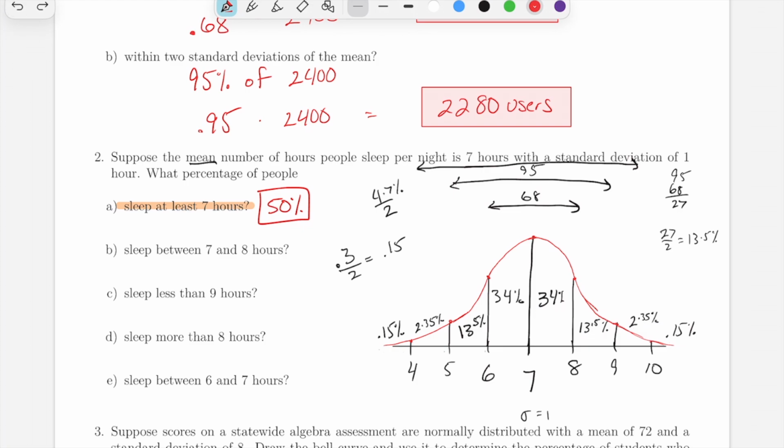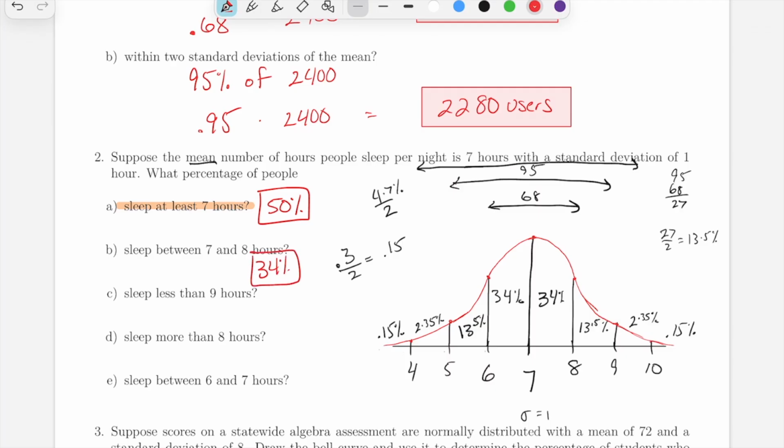I'm just not going to take the time to do it because I know it's right in the middle. Next one says, what about sleeps between 7 and 8? Well, I took a minute and made a nice graph and labeled everything, so there's really not any work to do. It's just 34%. That's all.